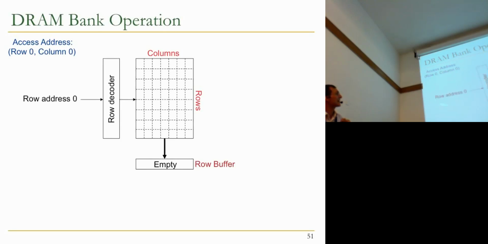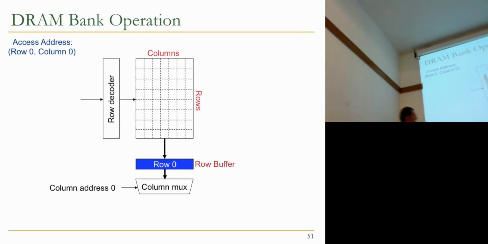So it sends an activate command to row 0. Basically, the DRAM bank brings the row into the row buffer. That's bit lines driving the sense amplifiers. And after some point, the values in the row buffer stabilize. And the row buffer is essentially an SRAM row. Basically, you have cross-coupled inverters that amplify the charge that is within the DRAM row.